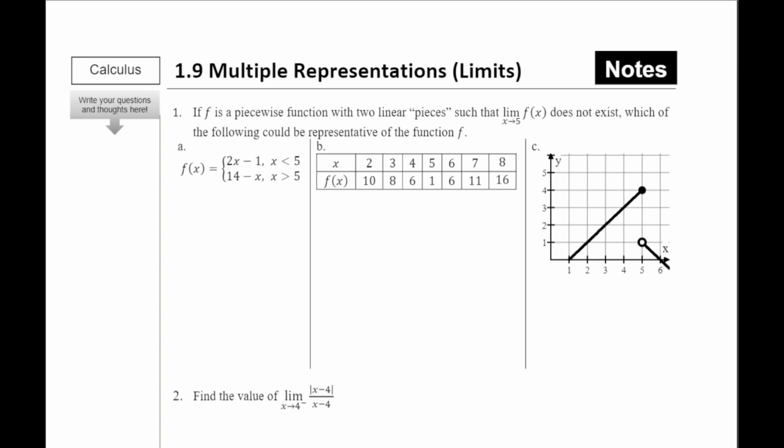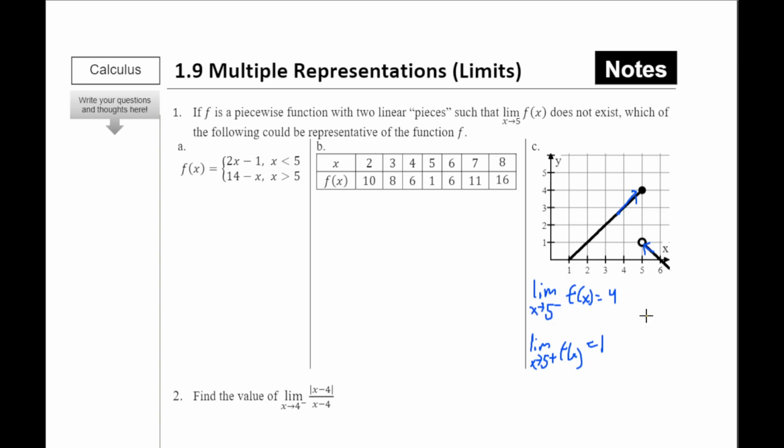Let's start with question C, because I think that's what we're most familiar with. The limit as x approaches 5 from the left, you're approaching a value of 4. And the limit as x approaches 5 from the right, you're getting closer and closer to 1.